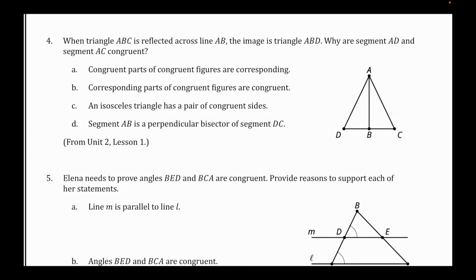So let's look at our reasons. We have congruent parts of congruent figures are corresponding. We have corresponding parts of congruent figures are congruent. An isosceles triangle has a pair of congruent sides, and segment AB is a perpendicular bisector of segment DC.